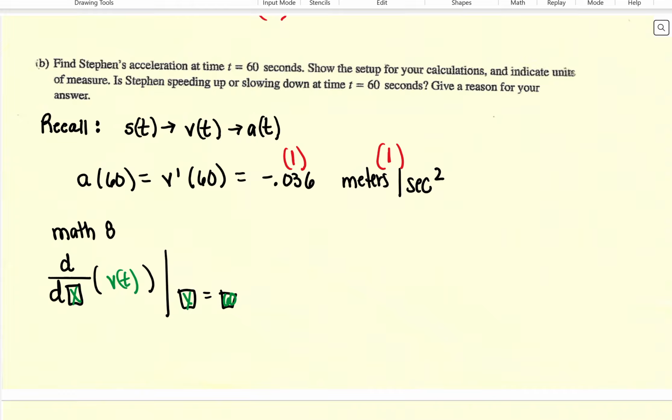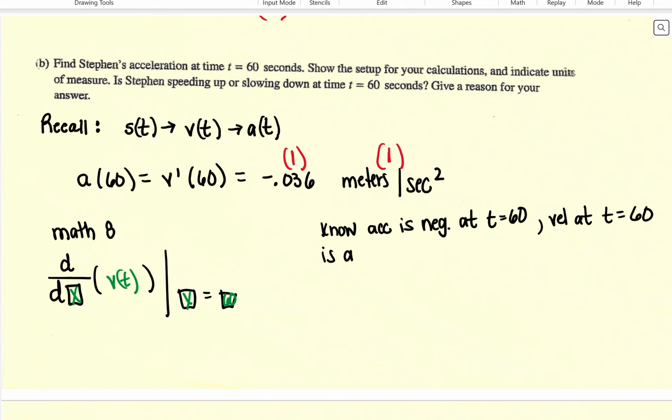Okay, let's think about this. All right, we know that acceleration is negative at t equals 60. We just found that, negative 0.036, right? Let's look at velocity. The velocity at t equals 60 is also negative.